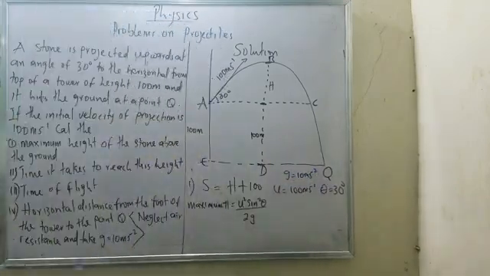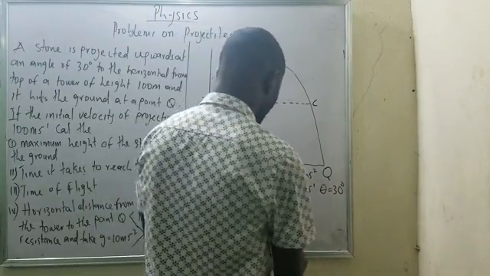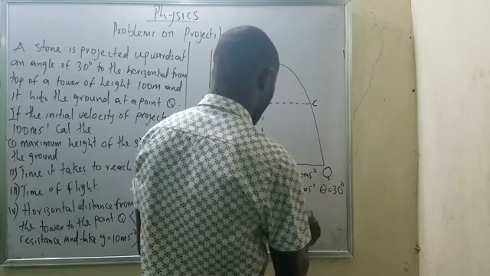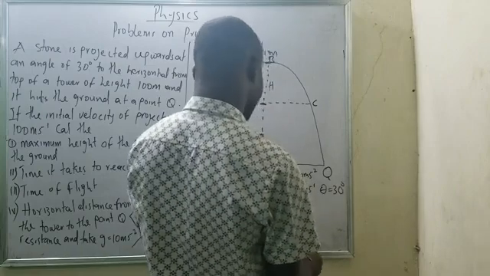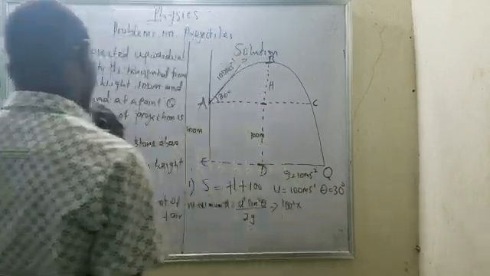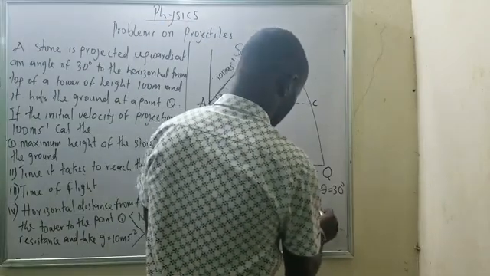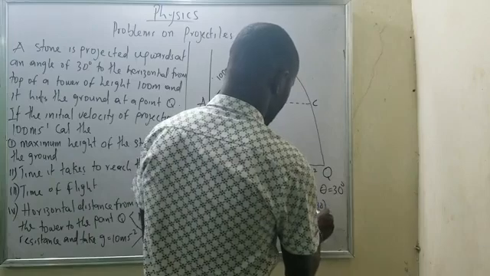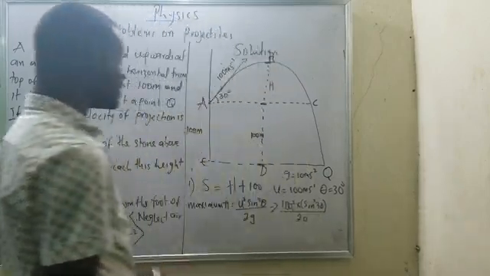So I'll have 100 squared multiplied by sine squared 30, divided by 20, which is 10 times 2.